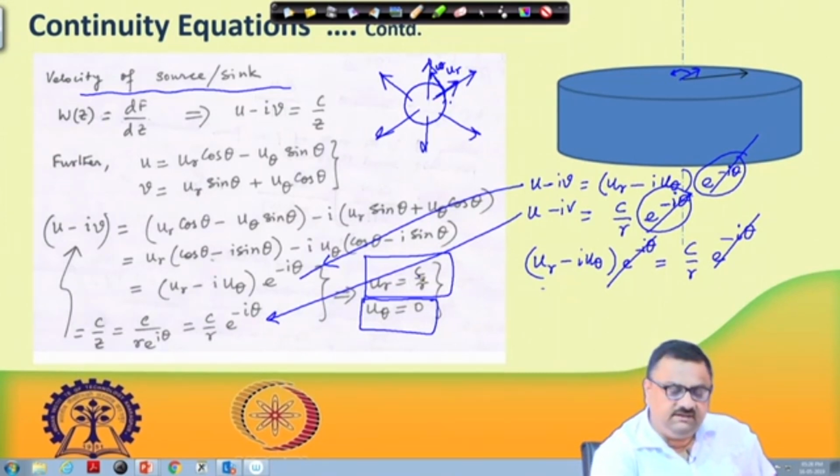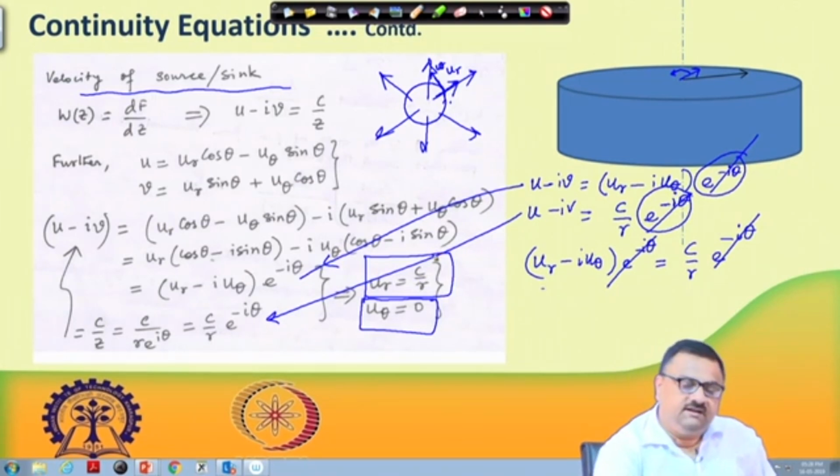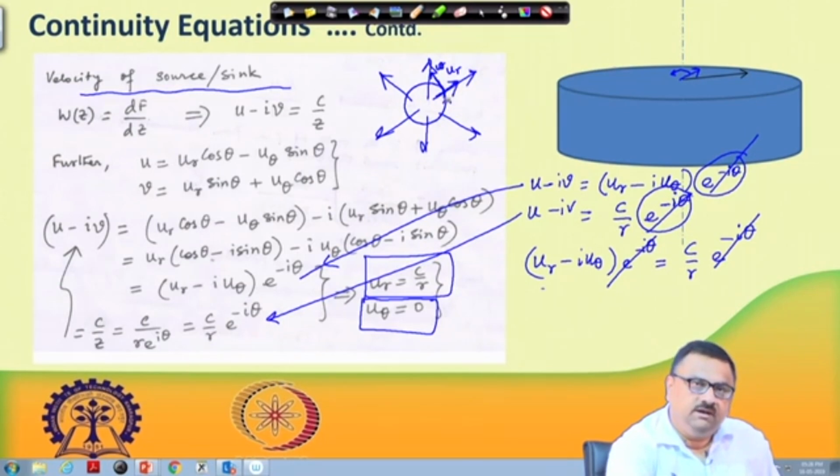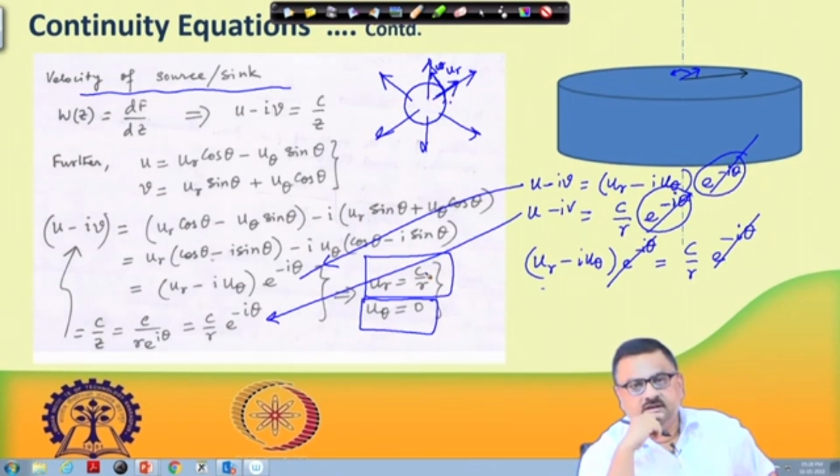Now we can see if C is positive, then u r is positive, whereas when C is negative, u r is negative. U r negative means the flow would be inward, not radially outward. So, that is the case when C is negative.